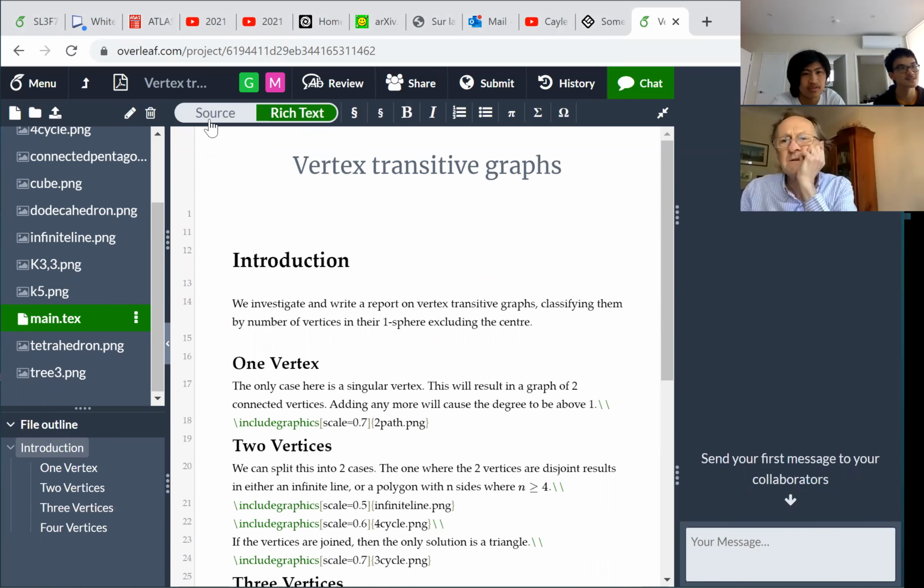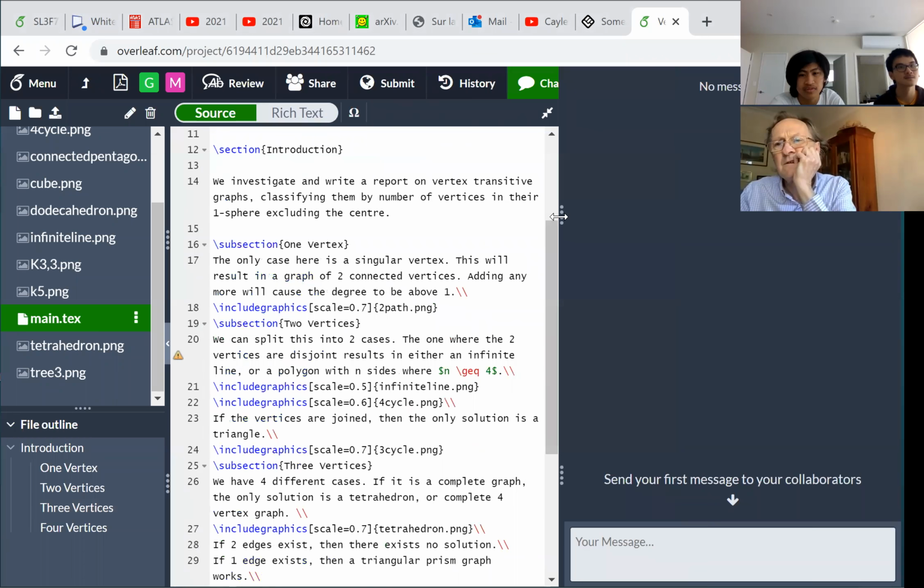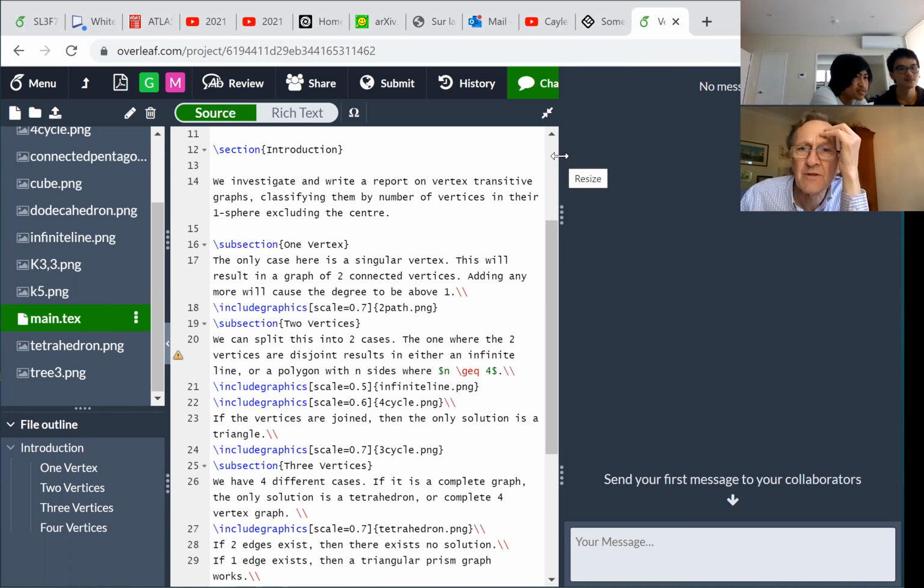Oh wait, how do you make it show both? You want to compile it. That'll make it show, I think. Where's the button to compile?